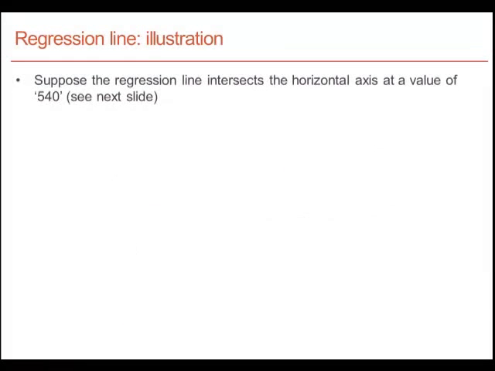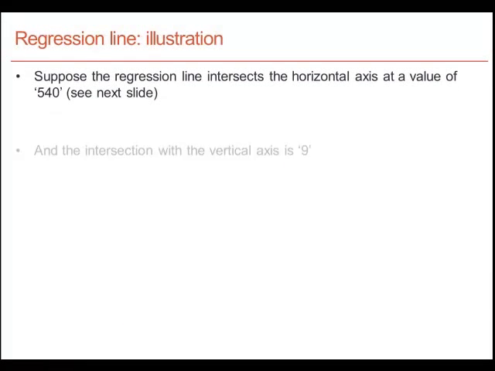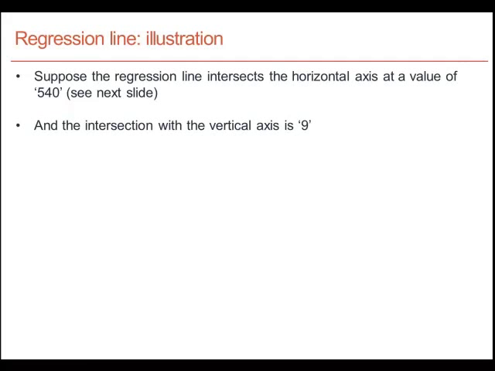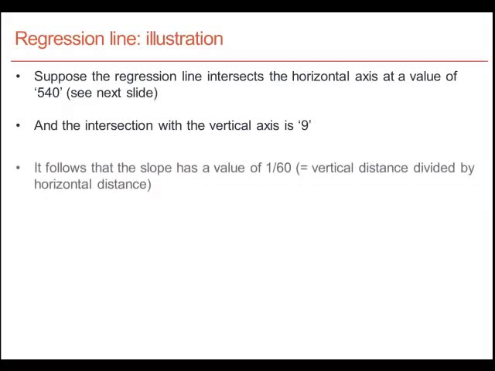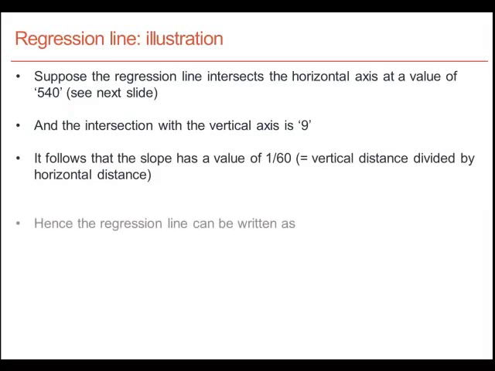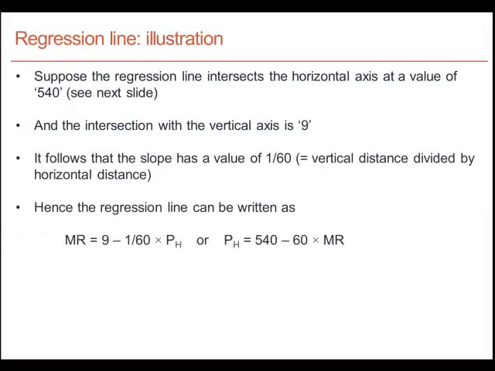So how do we write down the equation for the regression line? Well, we've already said that we assume the regression line intersects the axes at these two values. We know what the slope is, and hence the regression line can be written in this way. Let's look at the first specification of the regression line.